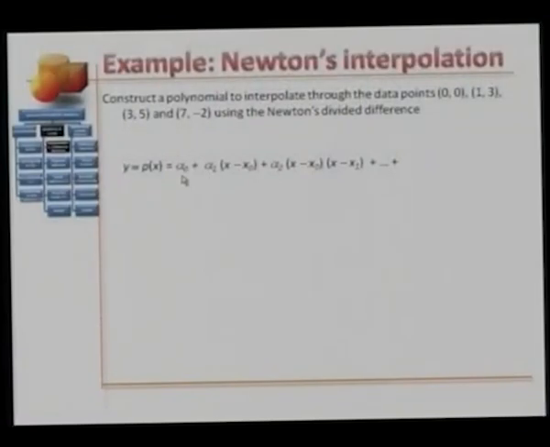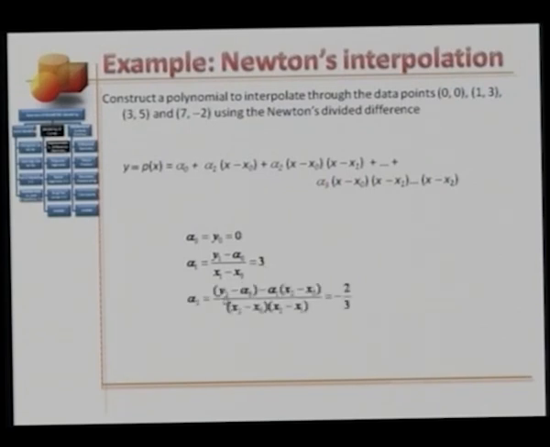Coming back to the example, one can also compute these unknown divided differences algebraically. We know alpha 0 is the same as y0, which is 0. Alpha 1 is y1 minus alpha 0 over x1 minus x0, which is 3. Alpha 2 is y2 minus alpha 0 minus alpha 1 times x2 minus x0 over x2 minus x0 times x2 minus x1, which is minus 2 over 3.